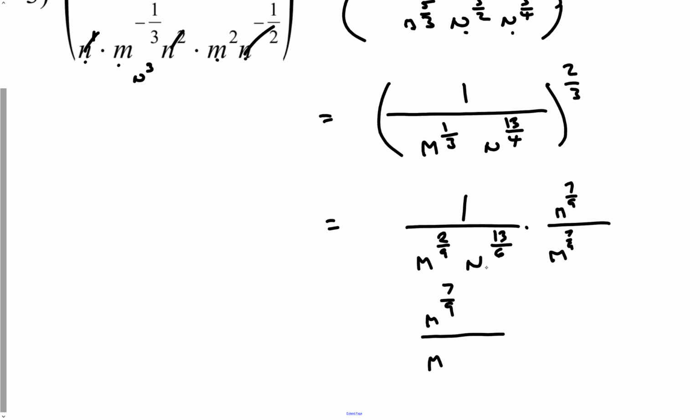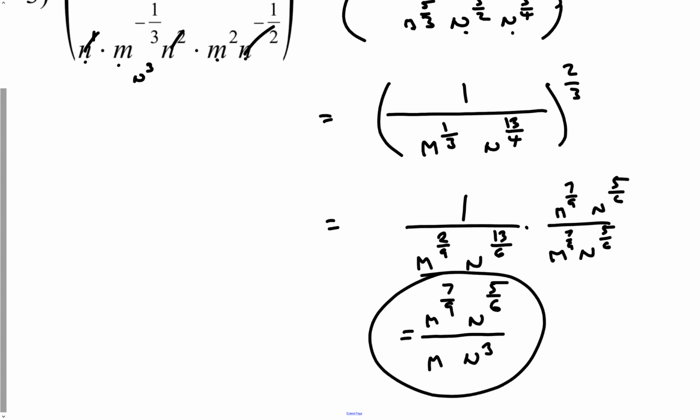Let's do the same thing with an n. 13/6 is slightly bigger than 2. So for the n's, I'm going to multiply the top and the bottom by the thing that turns this into a 3, which is 5/6. And that gives me n to the third, n to the 5/6 on top. And that is my answer.